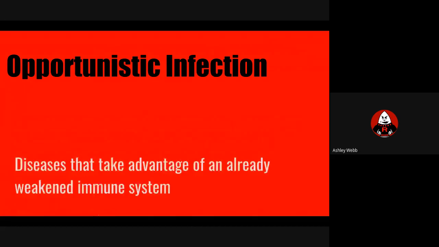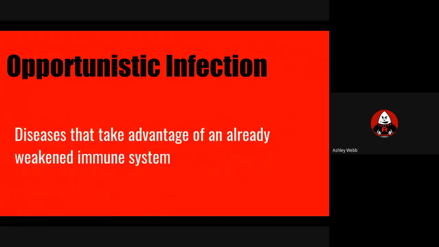Opportunistic infection. If you think about opportunistic, you know that it's taking advantage of some sort of opportunity. Okay, so an opportunistic infection is a disease that takes advantage of an already weakened immune system. So something like right now, if you or I are perfectly healthy and we do not have a weakened immune system, if we get COVID, we're probably going to be okay.